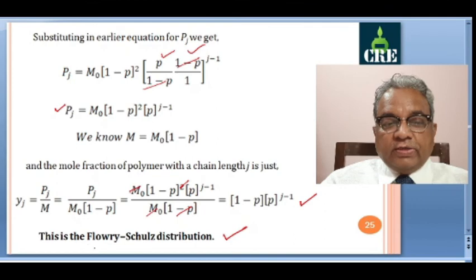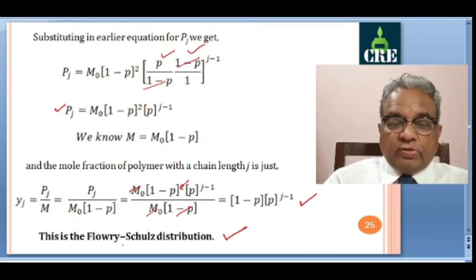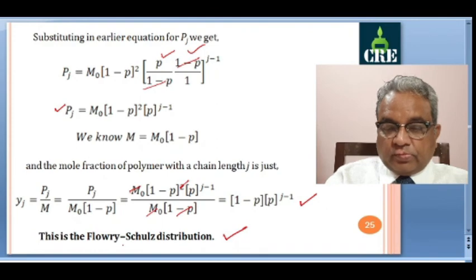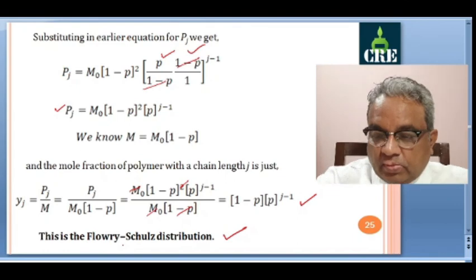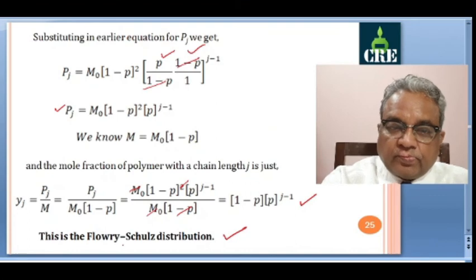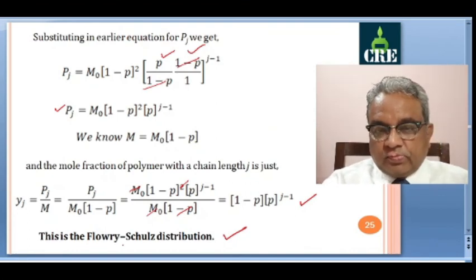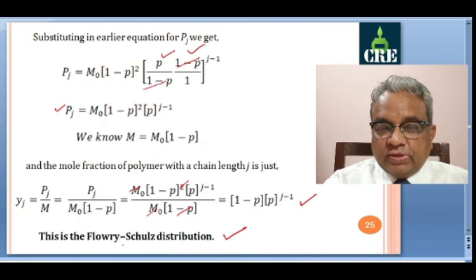So we have already discussed initially P.J. Flory, Paul Flory, he was the Nobel Prize winner, and this representation is known as Flory-Schulz distribution. So we have seen the model of step growth polymerization in detail, and as I have mentioned earlier, kinetics of polymerization itself is a vast subject.